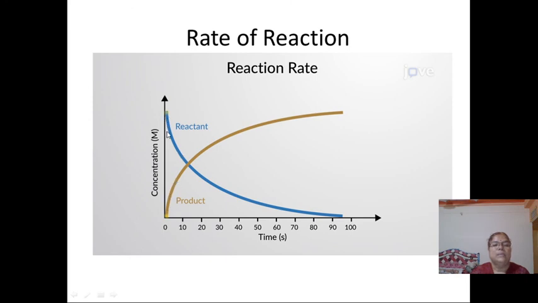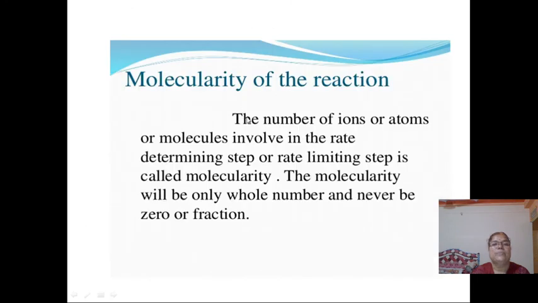Here this is the graph for concentration of reactant, and this is for concentration of product. Here dc by dt is the rate of reaction, the ratio of change in concentration with change in time.